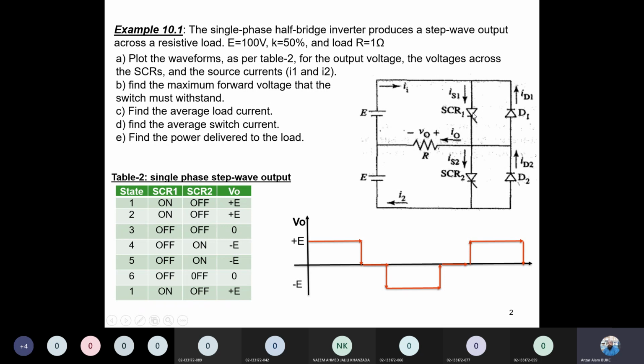तो इन स्विच को कंट्रोल करने के लिए इस वक्त इस स्विच के गेट पे सिग्नल देना है और किस वक्त इस स्विच के गेट पे सिग्नल देना है. That is determined by this table.